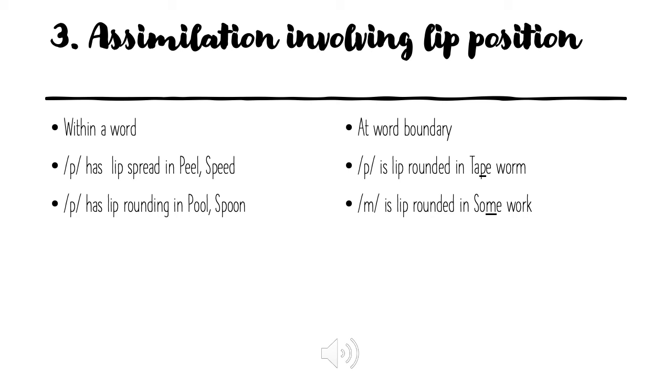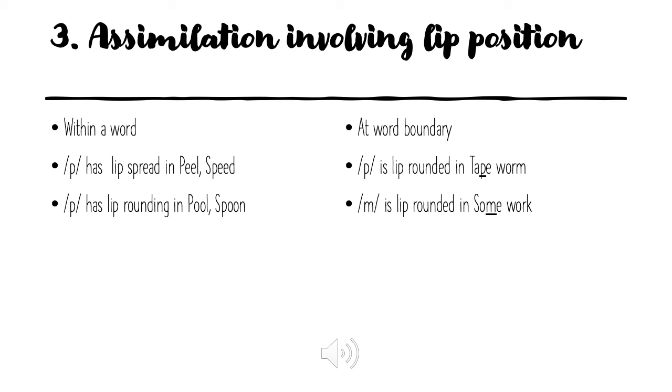But when it is followed by an E sound, it becomes a lip-spread consonant. P by itself is a bilabial sound with no obvious spreading of lips. You can't say P by itself with a lip-spread position. It's a bilabial plosive.